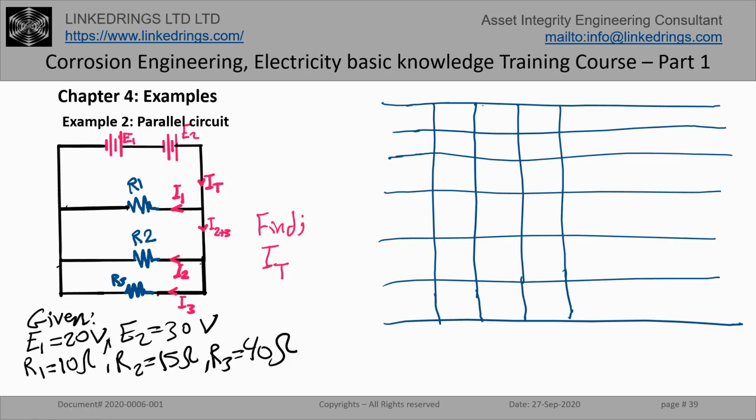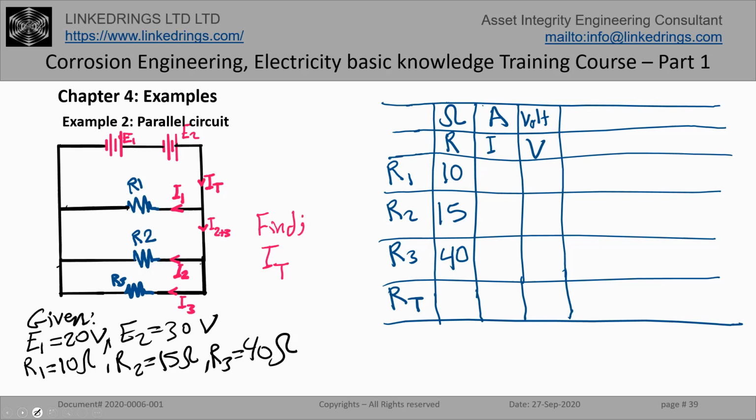So again, we do the same table, same arrangement, and we put on the columns the resistances R1, R2, R3, and R total. We put the values which we know, which are R1, R2, and R3: 10, 15, and 40 ohms respectively.